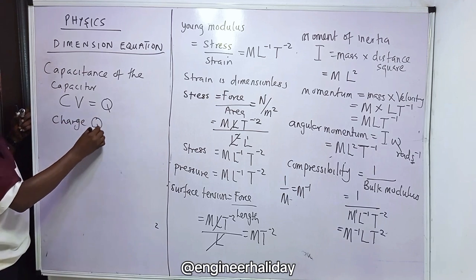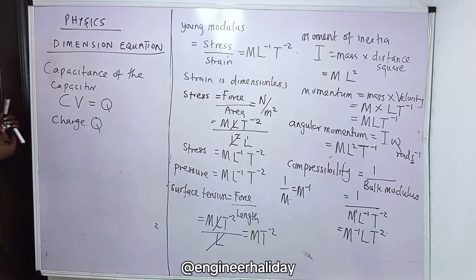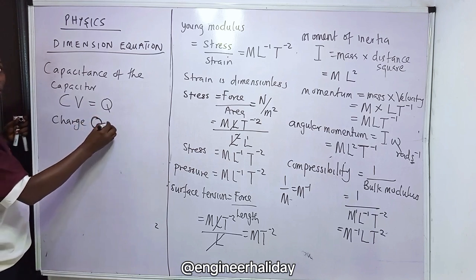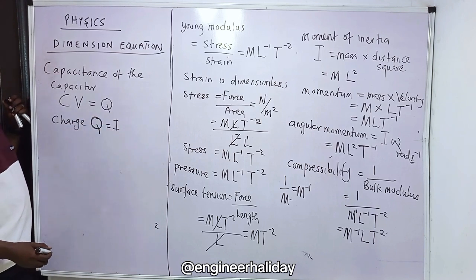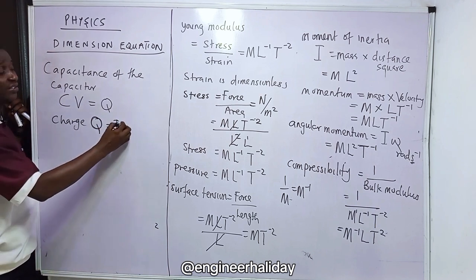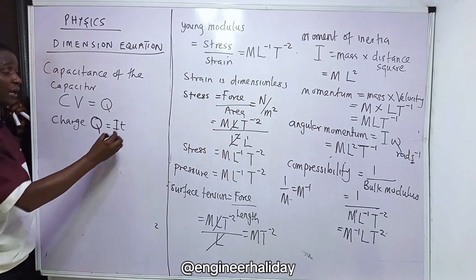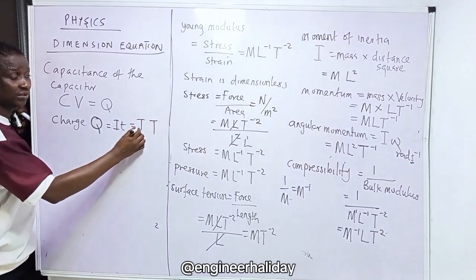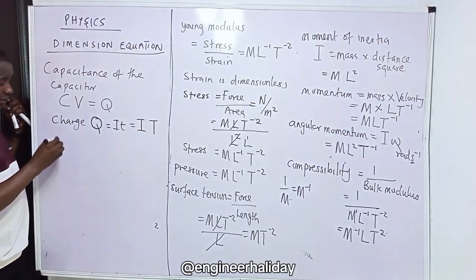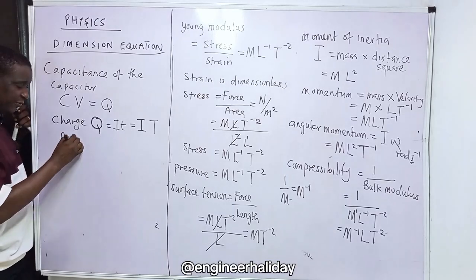Charge, which is Q, is equal to IT, which is the formula. So that is I times T.